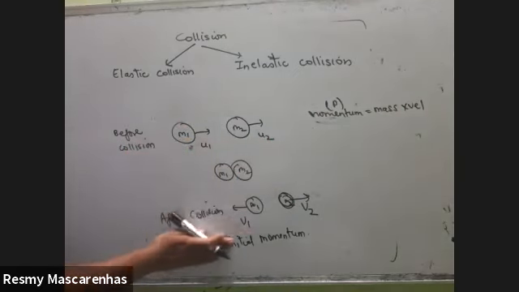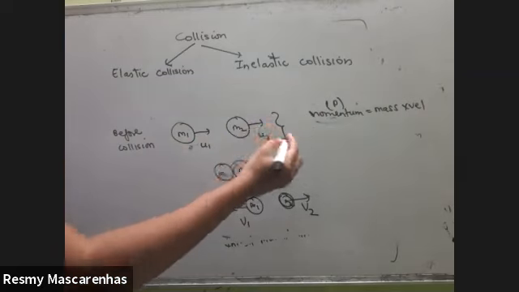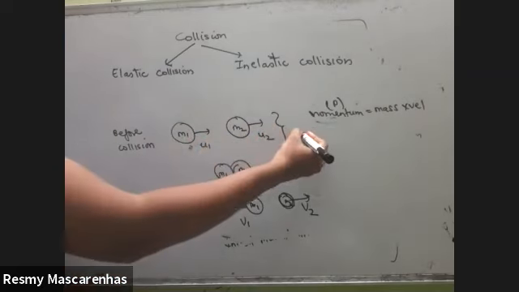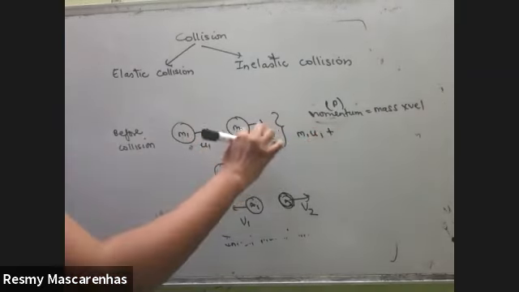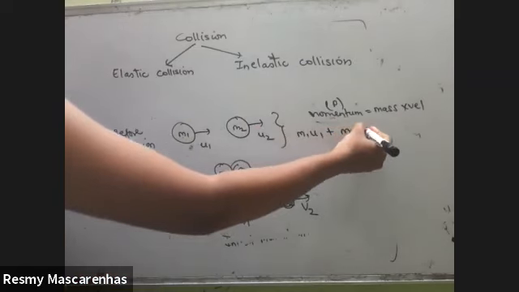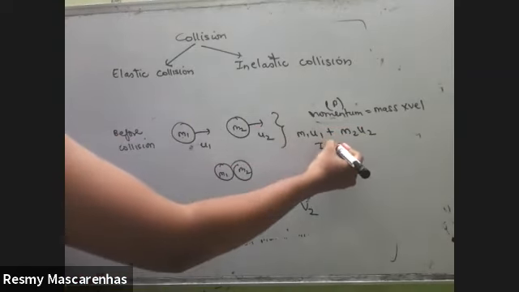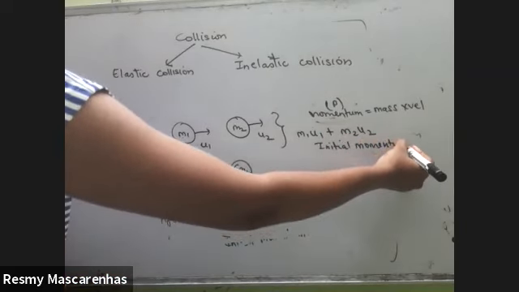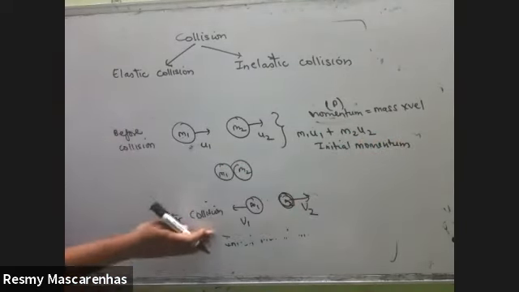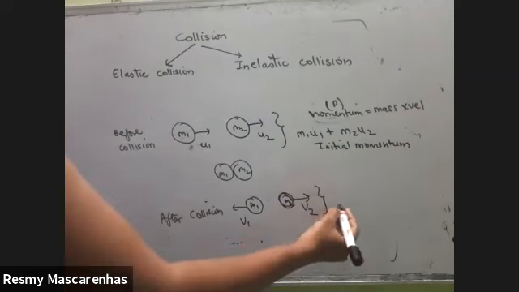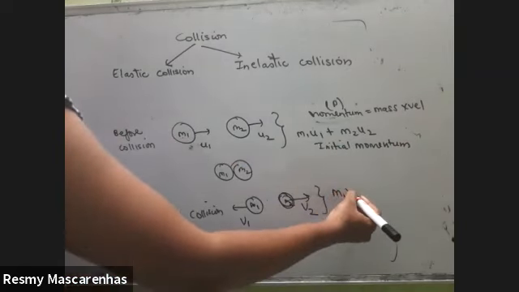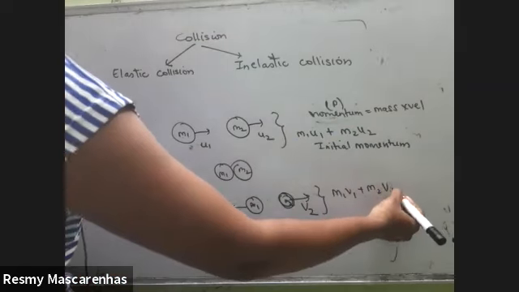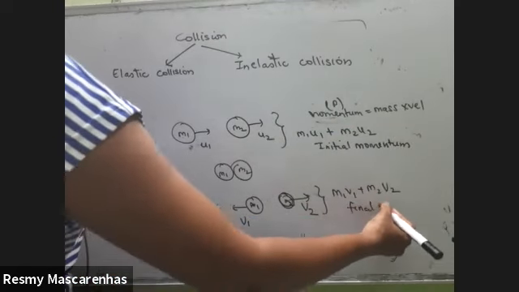Initial momentum would be m1 u1 plus m2 u2. After the collision, this is called the final momentum: m1 v1 plus m2 v2.